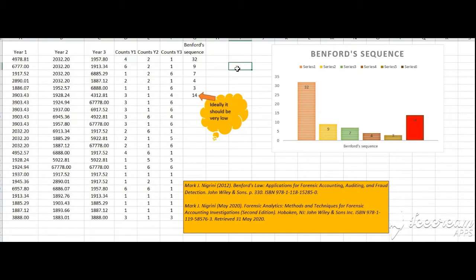Basically it shows how many times the first digit is 1. So out of all this data, 32 times the first digit is 1.